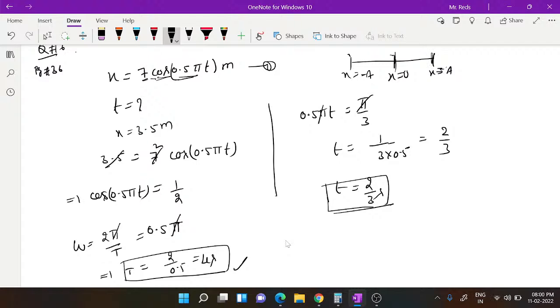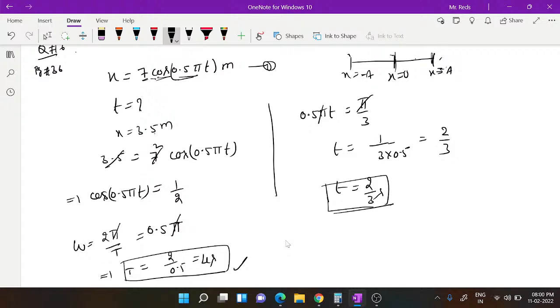So x is equal to 3.5 means the starting point will be this. From here, x is equal to a at time t equal to 0, and from here it decreases.